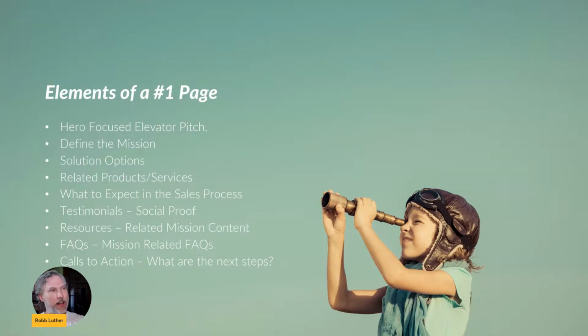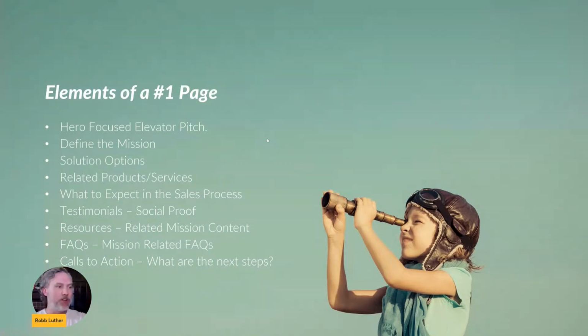And then calls to action. It's kind of interesting how many websites out there don't have calls to action today. So definitely make sure that you have calls to action on your website placed appropriately. Don't just have one at the very bottom of the page. Make sure you have one at the top of the page.